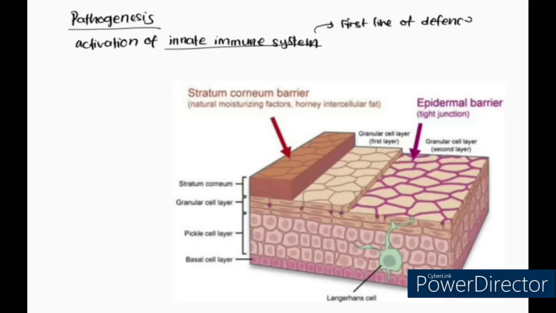The mechanisms involved in the acute and chronic phases of ICD are different. In the acute phase, it begins with penetration of the irritant through the permeability barrier, which is the stratum corneum. Exposure to irritants leads to stratum corneum damage and subsequent skin barrier impairment.